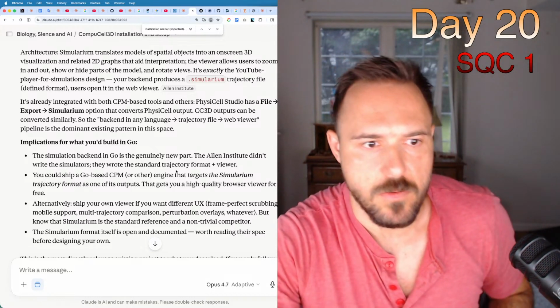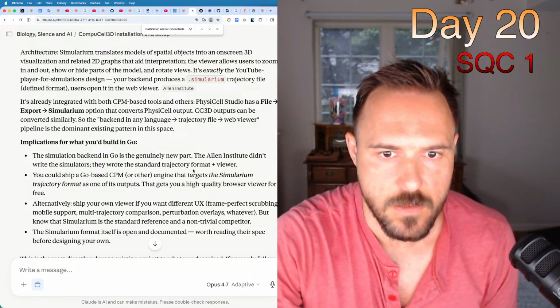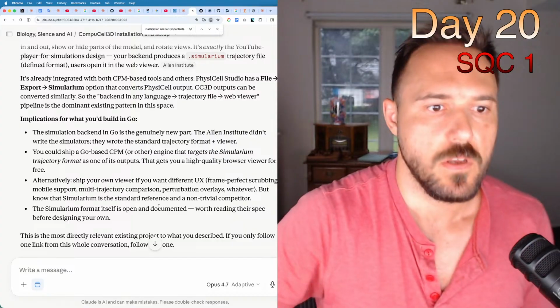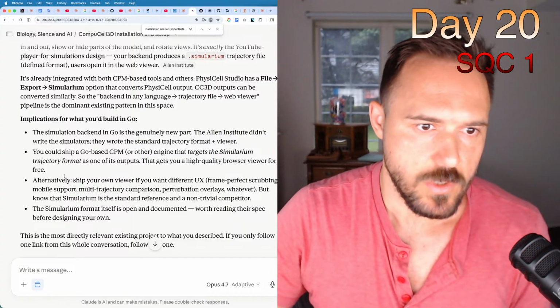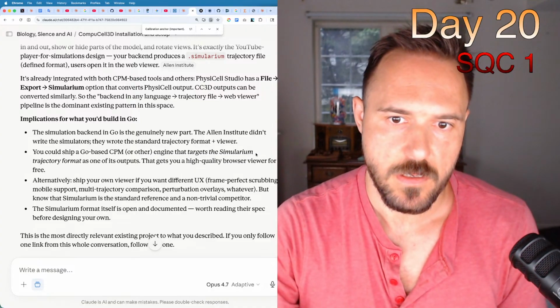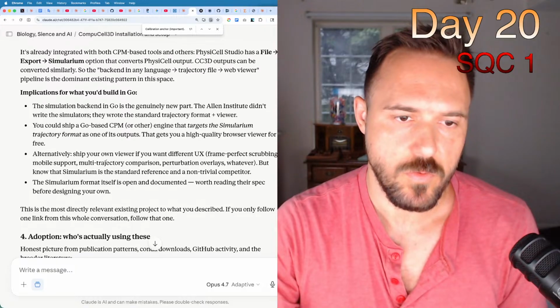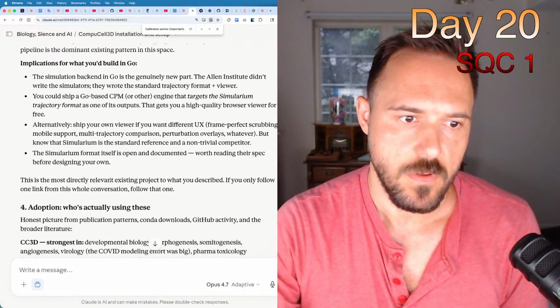The Institute didn't write the simulation; they wrote the standard trajectory format plus viewer. You could ship a Go-based CPM or other engines that target the Simularium format, or alternatively ship your own viewer.